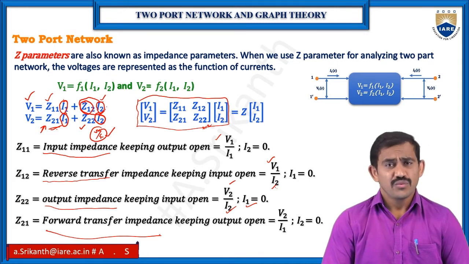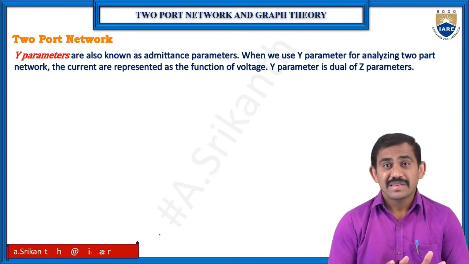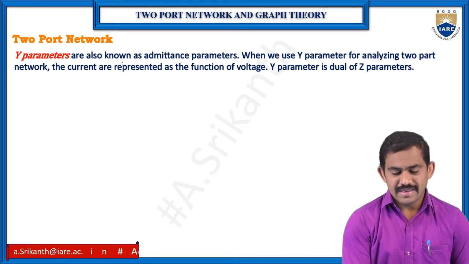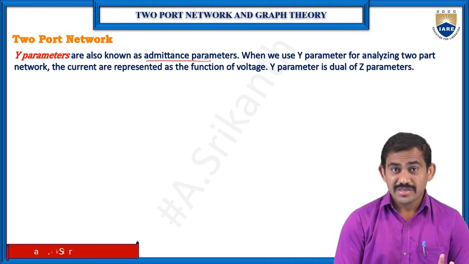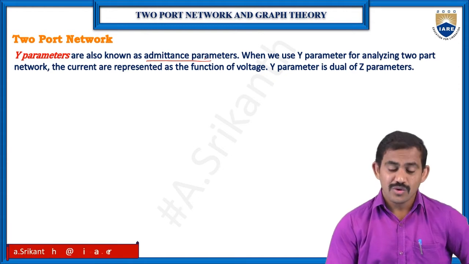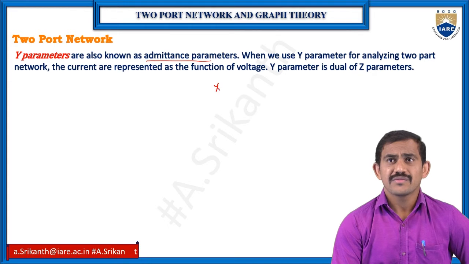So next one is Y parameters. Y parameters are nothing but your admittance parameters. Again, we have 4 terminals, and for them we have 4 values: Y11, Y12, Y21, and Y22.